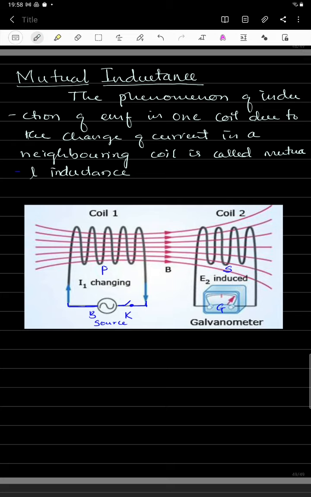The magnetic field lines are moving from this end up to this end. Now I am taking another coil which is connected to the galvanometer. This coil I am going to take nearer to the primary coil.